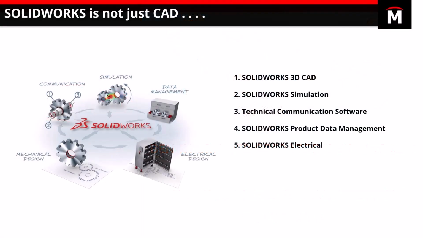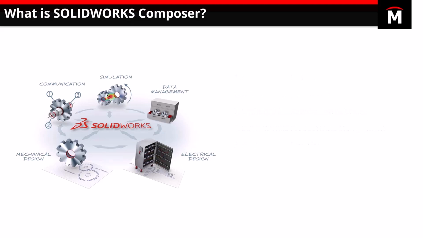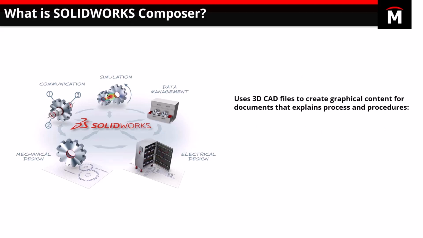So SOLIDWORKS Composer is considered to be within the technical communication software aspect of SOLIDWORKS products. The reason why I bring that up is so that we really understand what Composer is doing here. SOLIDWORKS Composer allows us to utilize and leverage existing 3D CAD files to create graphical content.